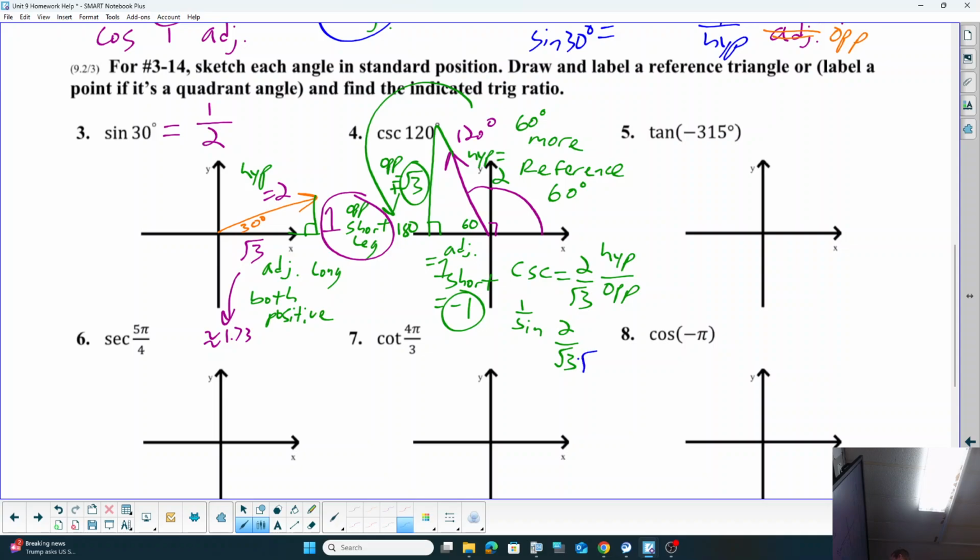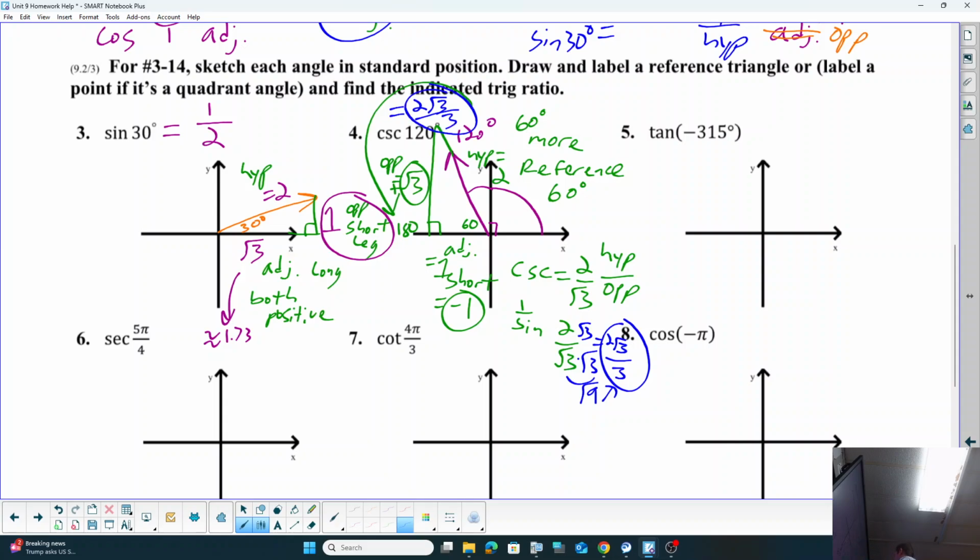We multiply by radical 3 over radical 3. So we end up with 2 radical 3 all over 3, since radical 3 times radical 3 is the square root of 9, which is 3. So our answer to cosecant of 120 degrees is 2 radical 3 over 3.